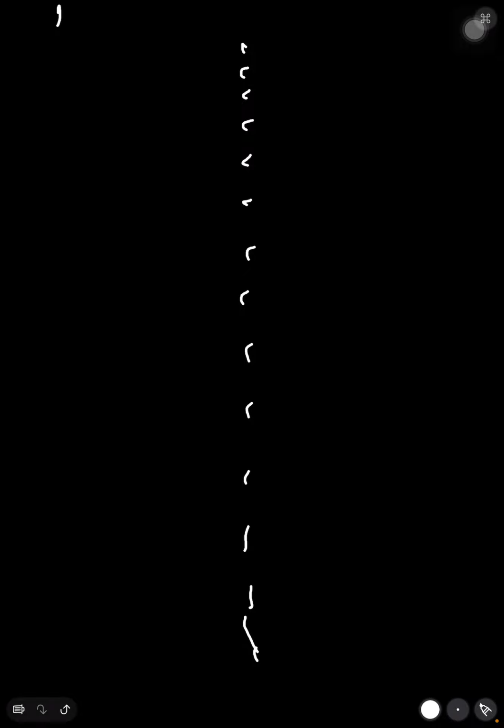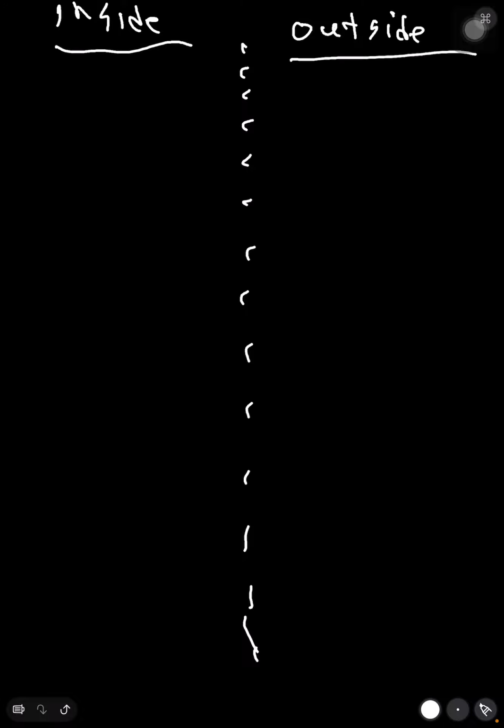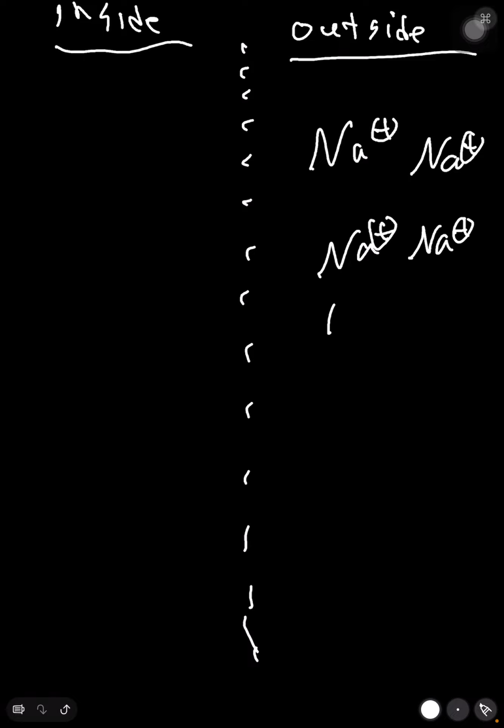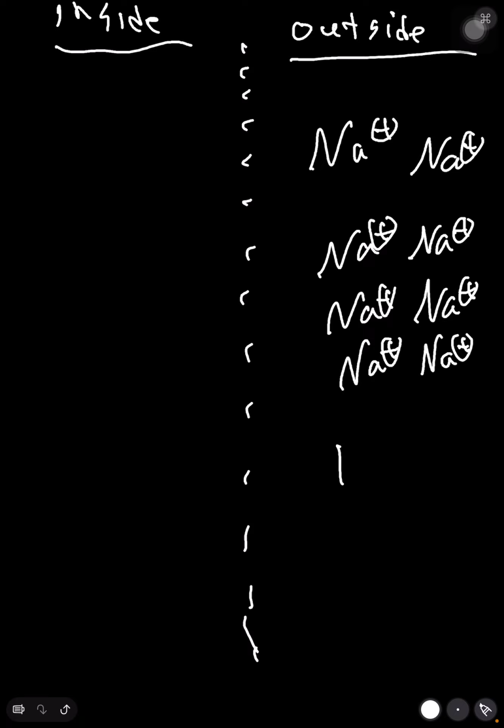All right, so let's say this is the inside of the cell, and this is the outside of the cell. So, on each side you have a bunch of sodium and potassium ions. So, let's say we've got a bunch of sodiums here, and you've got some potassiums.